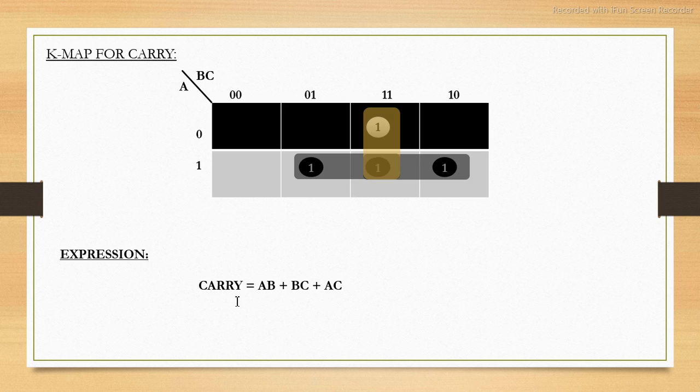It will be executed in carry also. That expression is A bar B C, A B bar C, A B C, A B C bar. Finally we get AB plus BC plus AC.